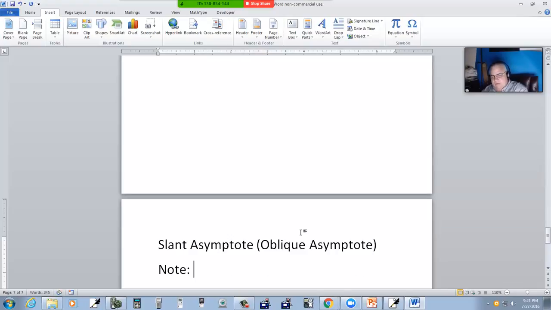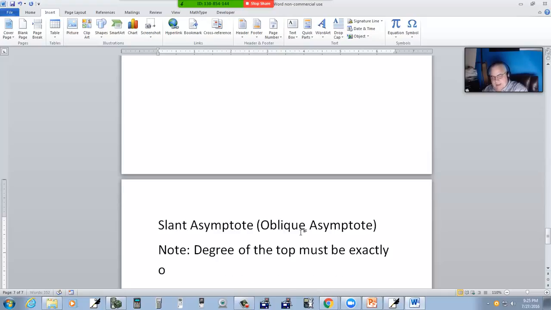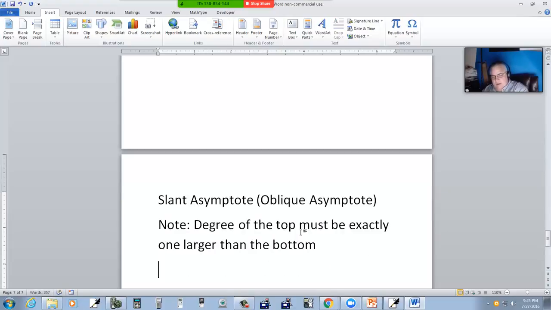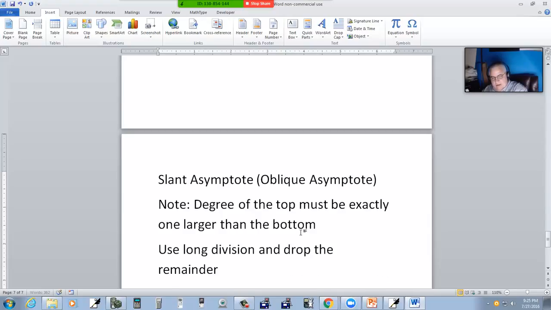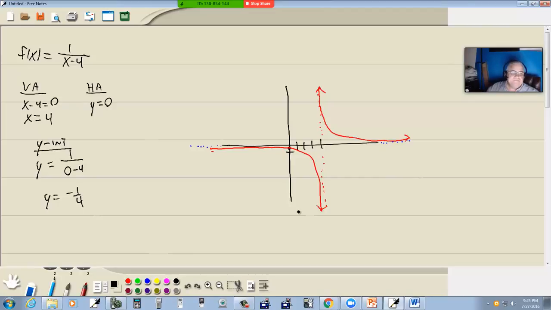Note, in order to have one of these, the degree of the top must be exactly 1 larger than the bottom. And what you do is you use long division and drop the remainder. Clear that off.